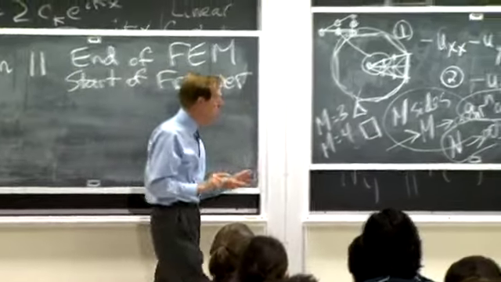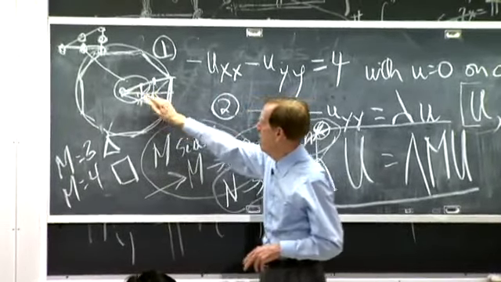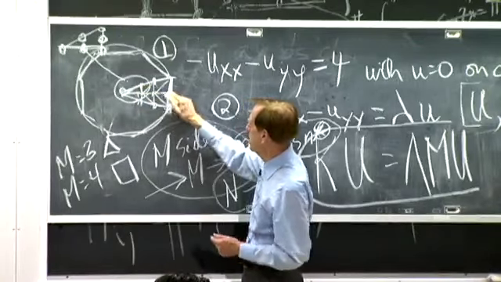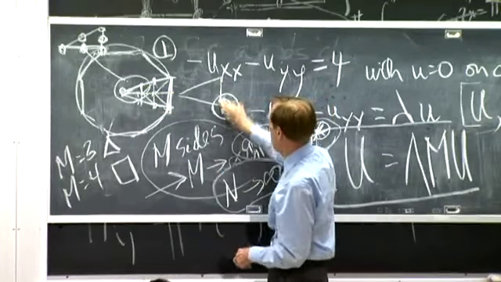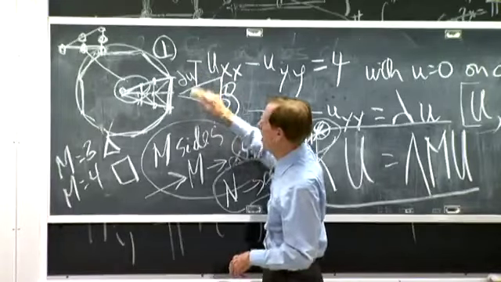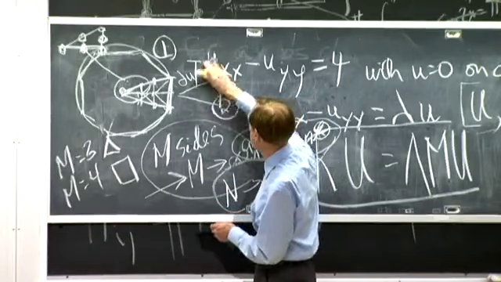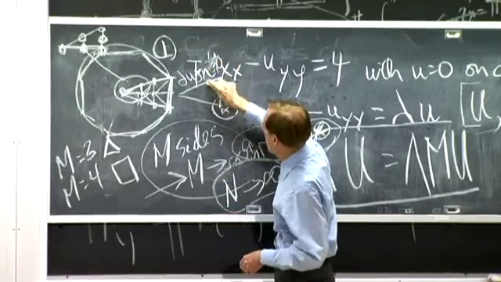And everybody working the problem knows I mentioned that the boundary conditions on this piece of pi were 0 along here, and the normal derivative, somehow it got printed du dh, but that was an accident. It should have been du dn equals 0.